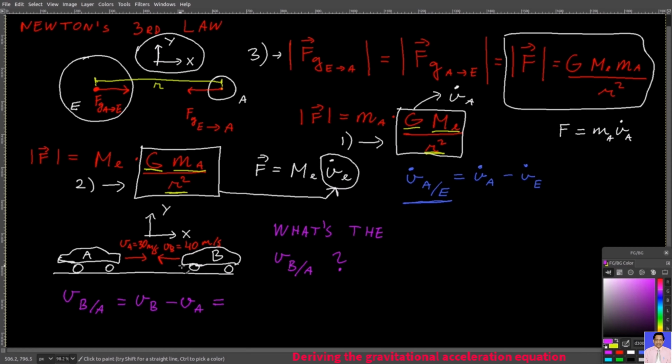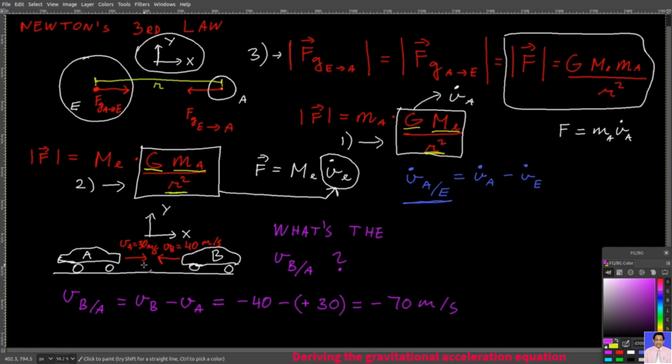The velocity of car B relative to the inertia frame is minus 40 meters per second because it goes in the negative x direction, and then minus, and then you have plus 30 meters per second, because car A travels in the positive x direction. And you will get minus 70 meters per second. So relative to car A, car B travels 70 meters per second in the negative x direction.